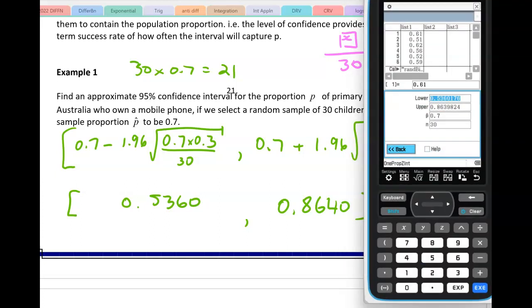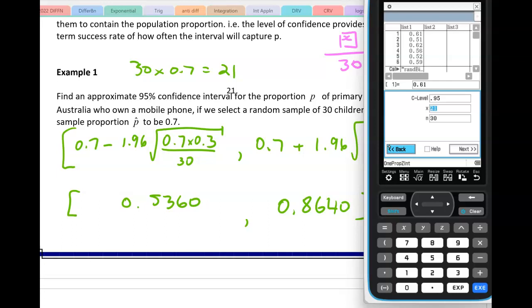So when we do it on the calculator, that x value is what goes up there, 21 out of 30, to get your 0.7 in the first place. So often you're given that in a question, but you might not be, as in the case for this example. You're given 0.7 of the sample has the attribute, something to do with primary school students who own a mobile phone.